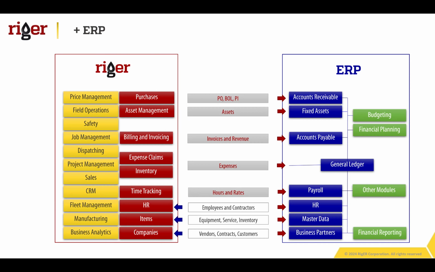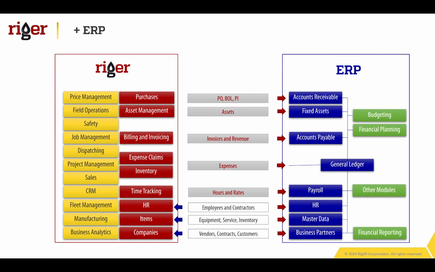Expense claims and inventory could go to the expenses and to the general ledger or any other documents in the ERP. Again, it very much depends on what kind of information we'd like to export.